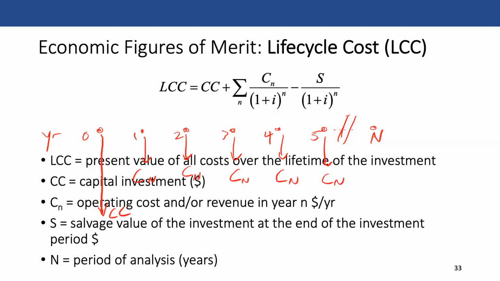In year N, if I sell whatever is left of my equipment for the S value, I'll also have some positive amount S here. So in the last year, if S is bigger than Cn, the arrow would be S minus Cn.